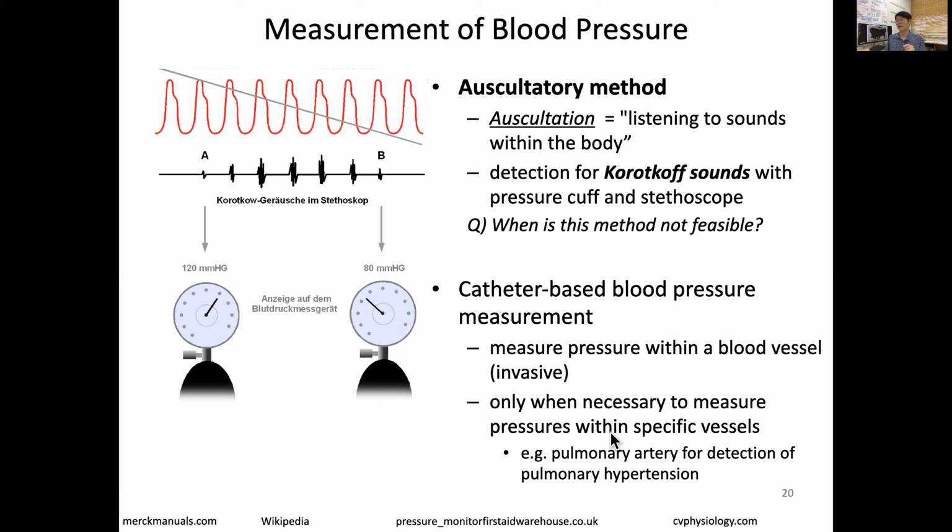For example, if someone is suspected of having pulmonary hypertension, which is hypertension only inside a vessel in the lung, then the pressure of the pulmonary artery needs to be measured. Through the heart, the catheter can get into the right ventricle and right atrium, and go to the pulmonary artery so that it can measure the pressure there.